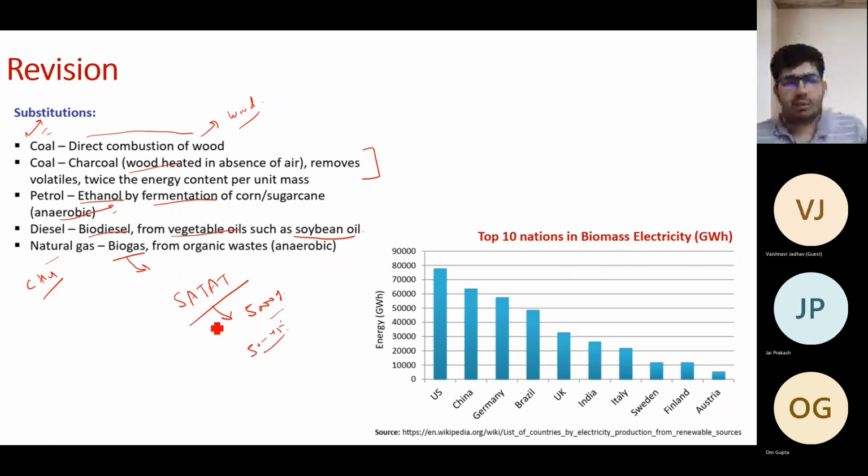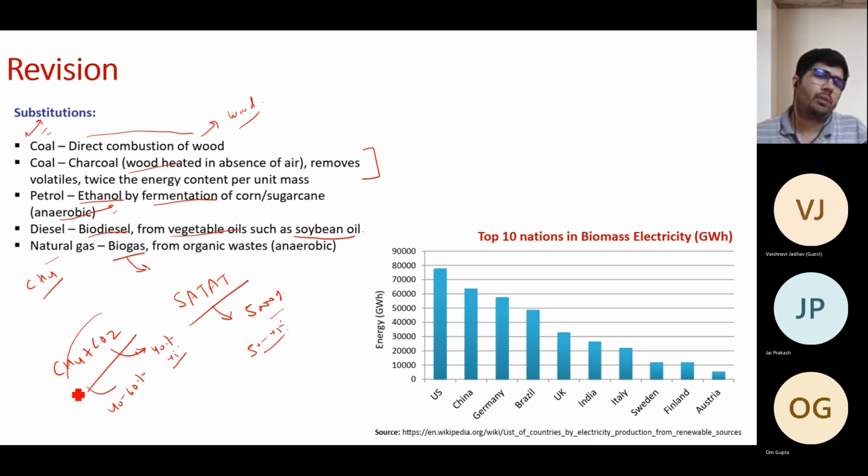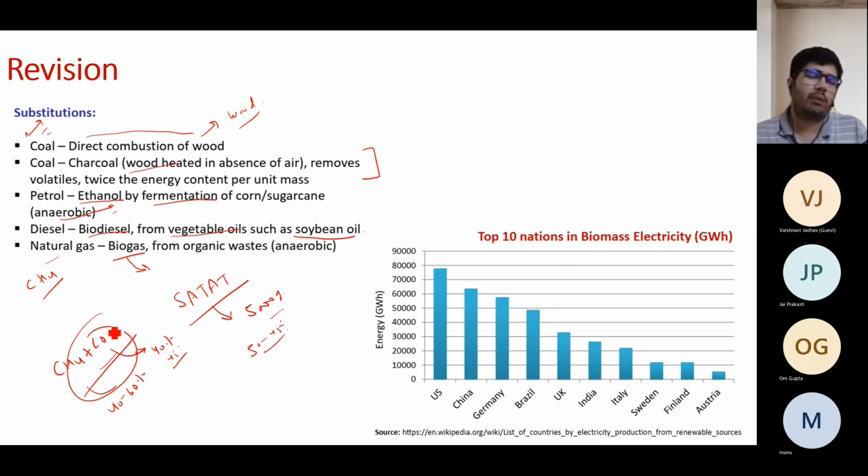These plants use a large amount of agri residue and biowaste from food processing industries, and they generate biogas. Biogas, as maybe you are all aware, is a combination of CH4 plus CO2 majorly. CH4 is in the range of 40 to 60%, and CO2 in the range of 40 to 45%. So in this range, they are upgrading this biogas.